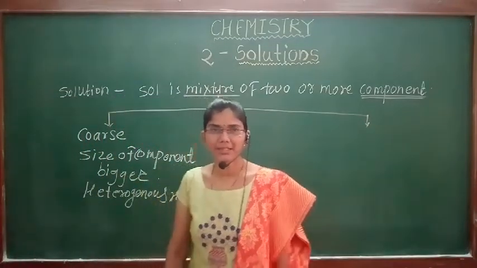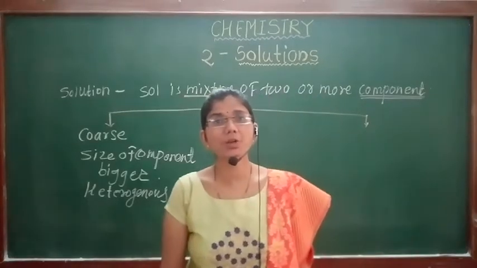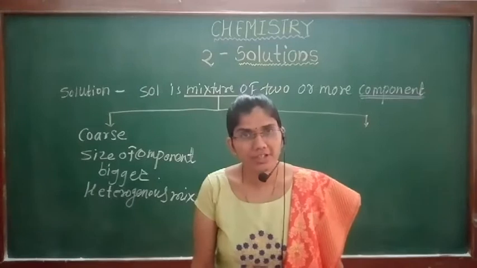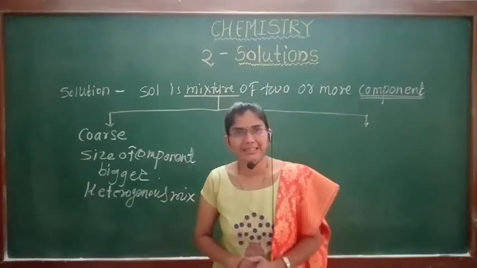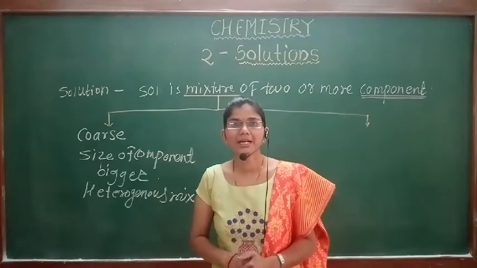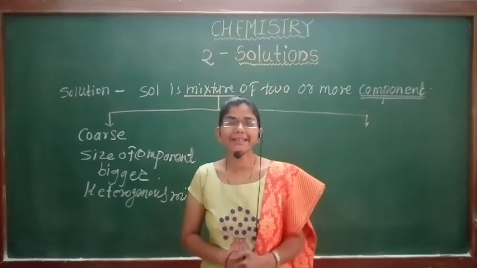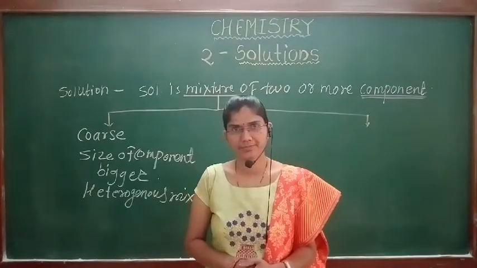For example, the mixture of salt and sugar is a coarse mixture in which the size of the component is relatively bigger. That means they can be seen by our naked eyes, and it forms a heterogeneous mixture.